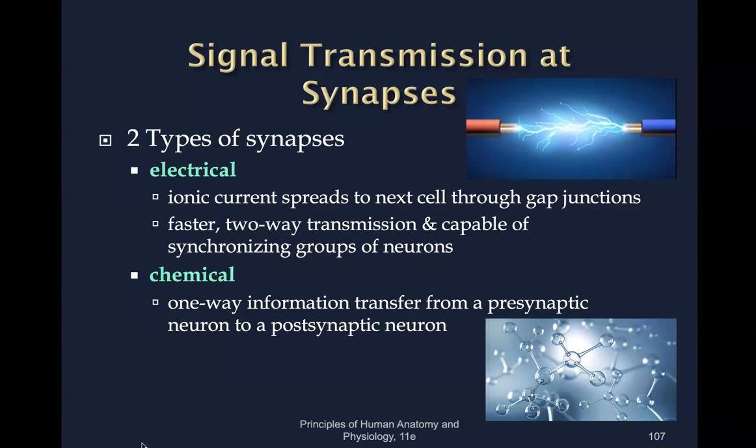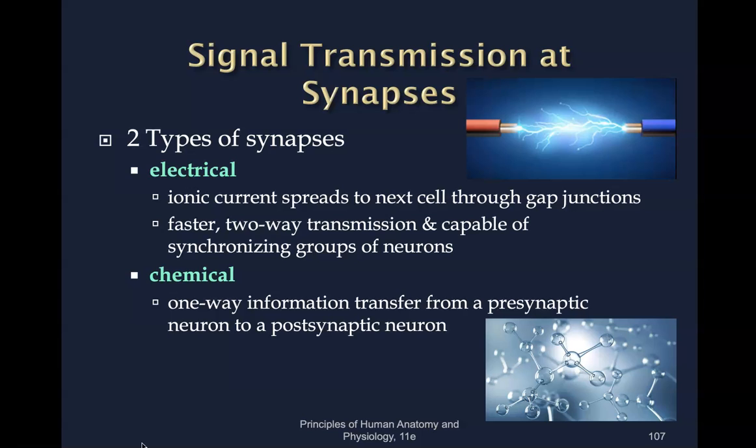The electrical one, you can kind of picture this is going to be the common synapse that you're going to see in cardiac muscle cells. And this is where an ionic current is going to be spread from one cell to the next cell through gap junctions. So these cells are going to be connected just like you see in your cardiac muscle cells, right? They're going to be connected at that intercalated disc, and they have gap junctions.